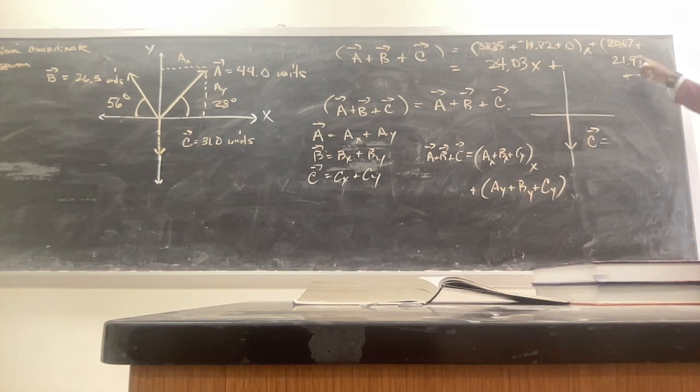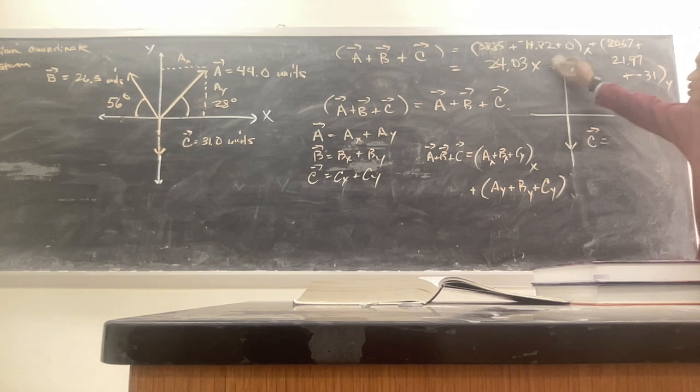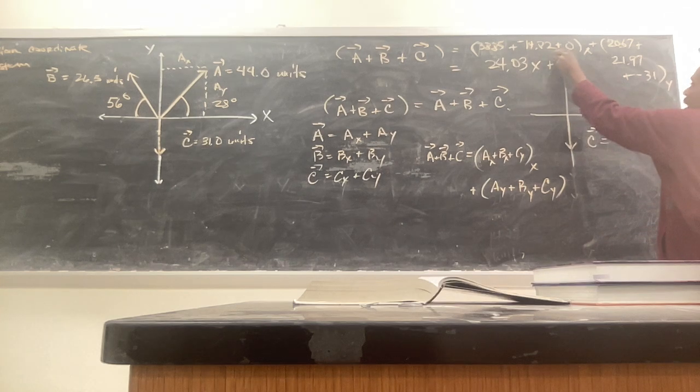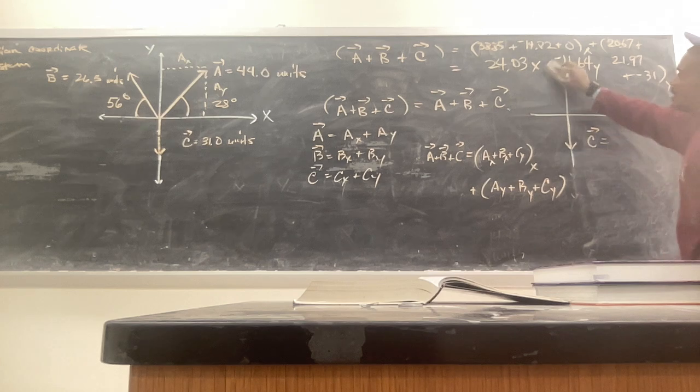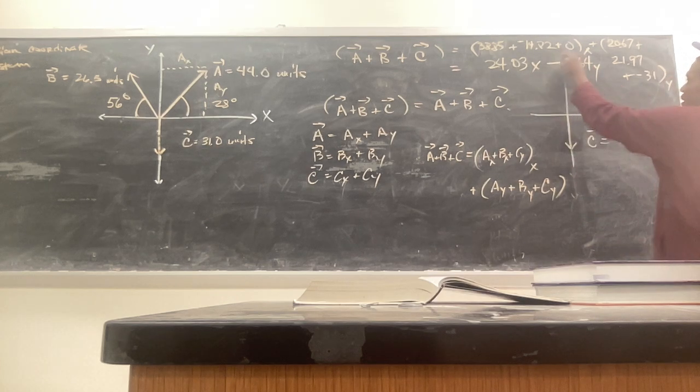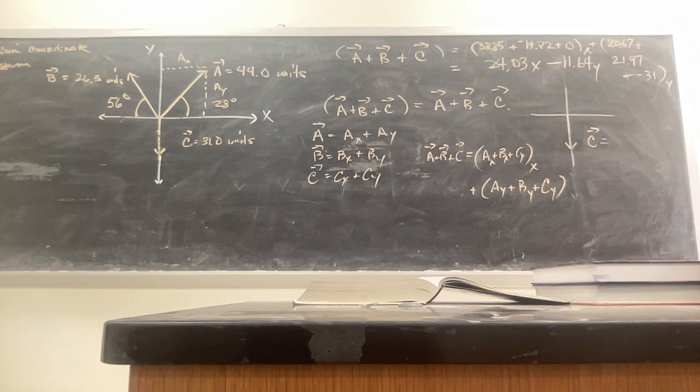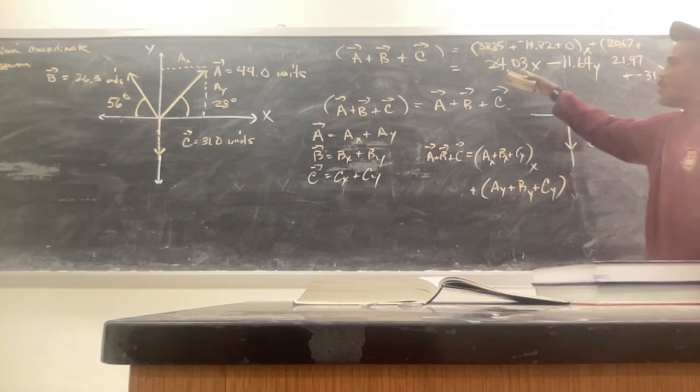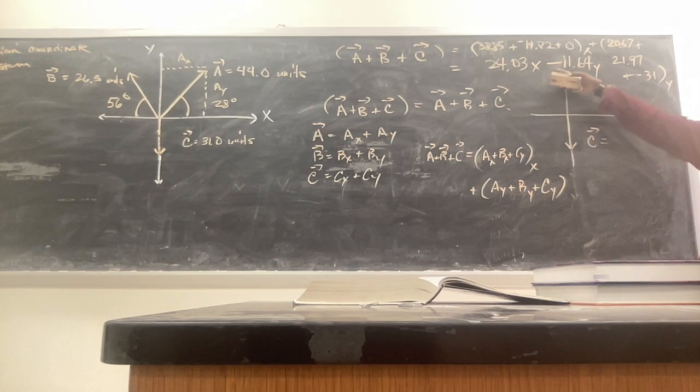Plus, what is this? 11 point what? 11.64. So it's going to give me what? We can either keep it as plus minus 11.64 y, or we can just change the plus to negative. So my new vector is going to be 24.03x minus 11.64y.